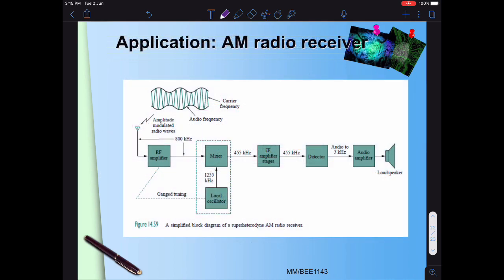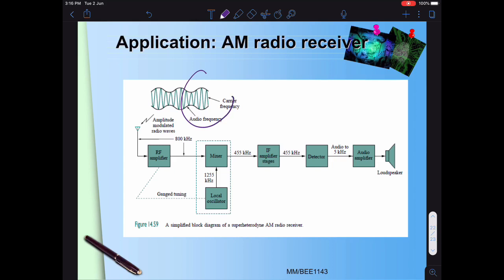Let's learn the application of the resonance circuit. For this example it is the AM radio receiver. Okay guys, series and parallel resonance circuits are commonly used in radio and also TV receivers to tune in a station and to separate the audio signal and the radio frequency carrier wave.